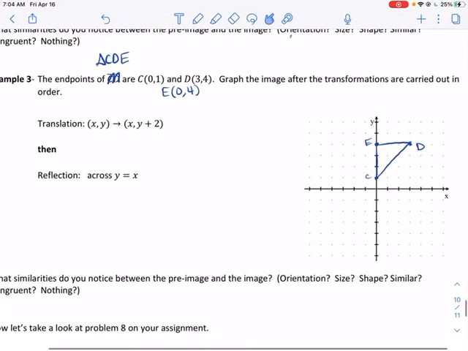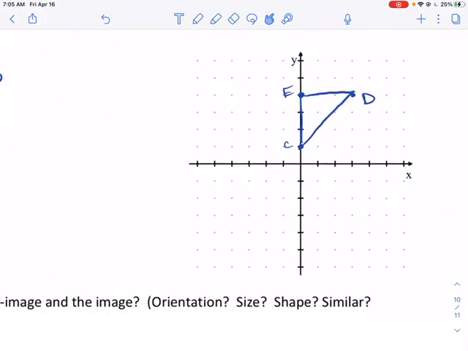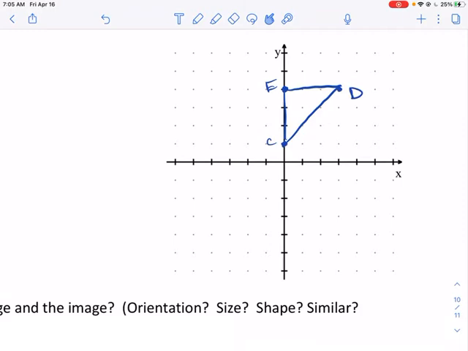Now I'm going to do the first transformation. It's a translation. And what happens to the coordinates is that X stays the same and Y gets 2 bigger. So that Y getting 2 bigger means that it goes 2 up. And you can review translation rules if you're having a hard time on the previous page or in a previous video.